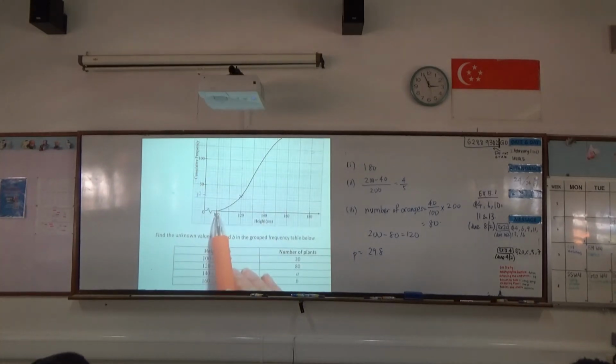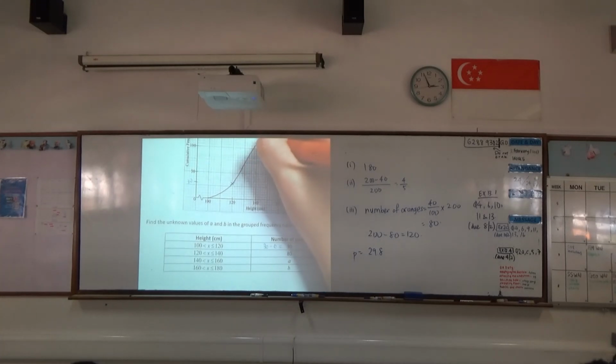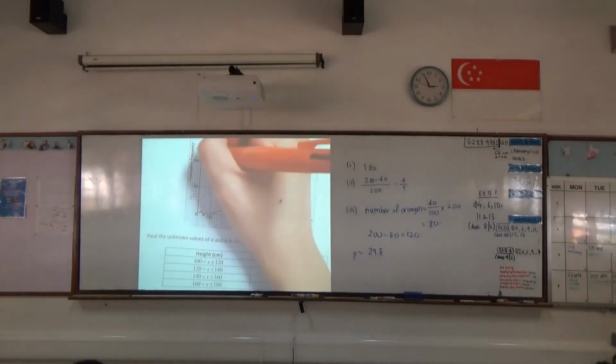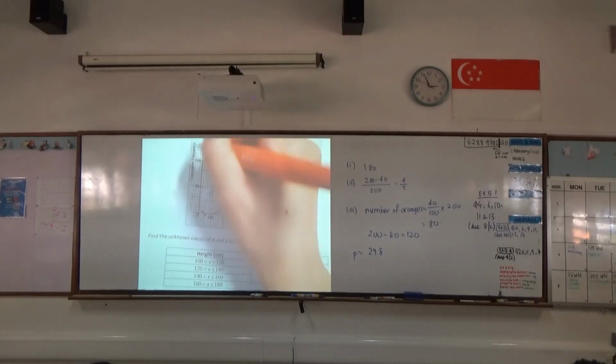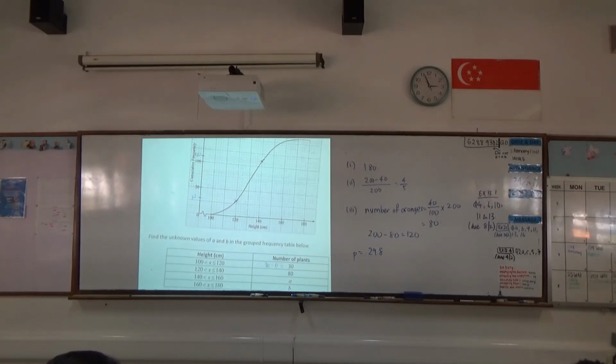Because 100 started off at 0, 30 minus 0, that's the reason why you get 30. For 80, it is between 120 to 140. At 140, you will read that it is 110.